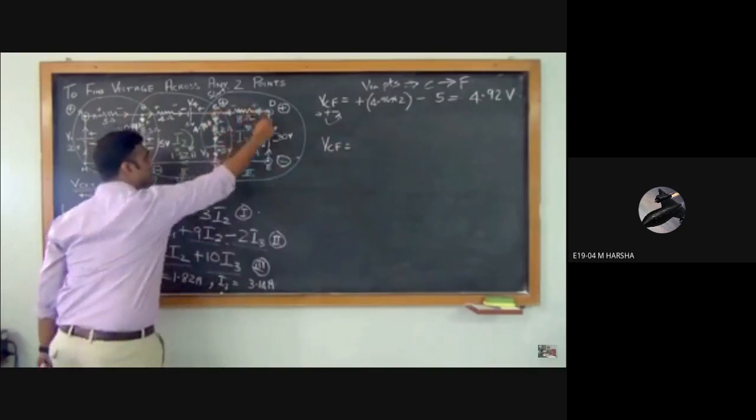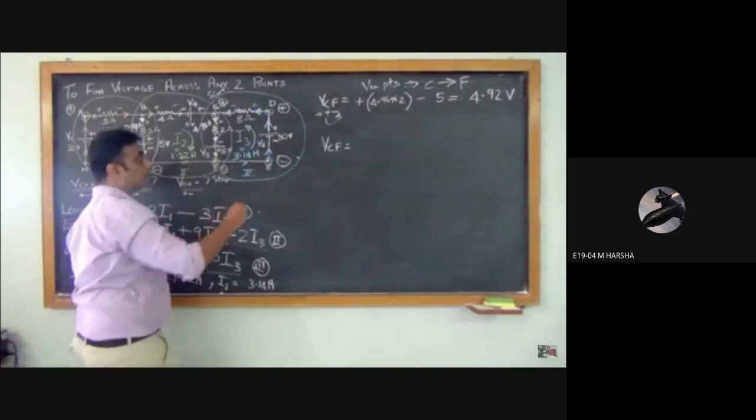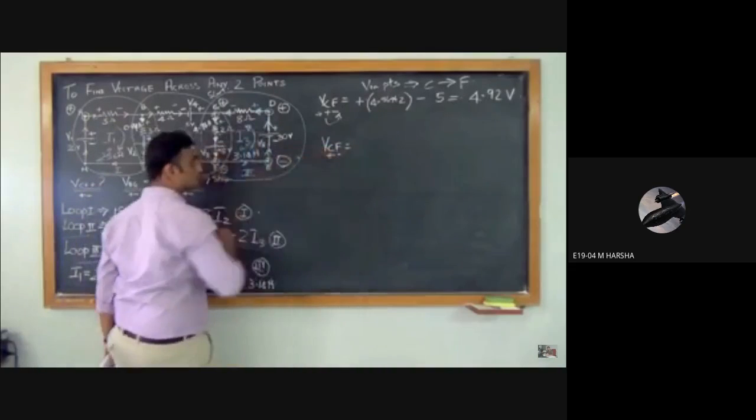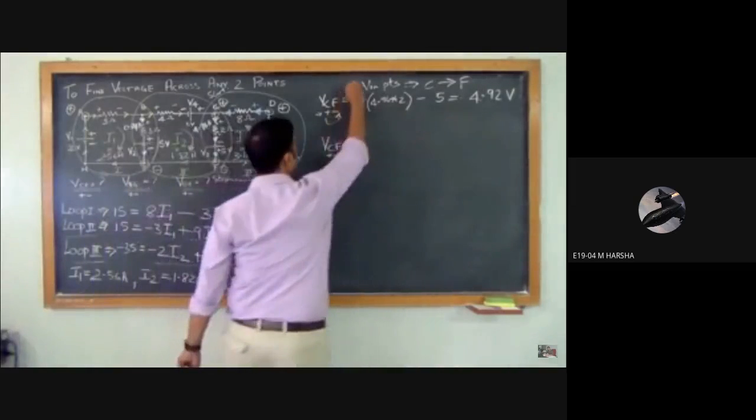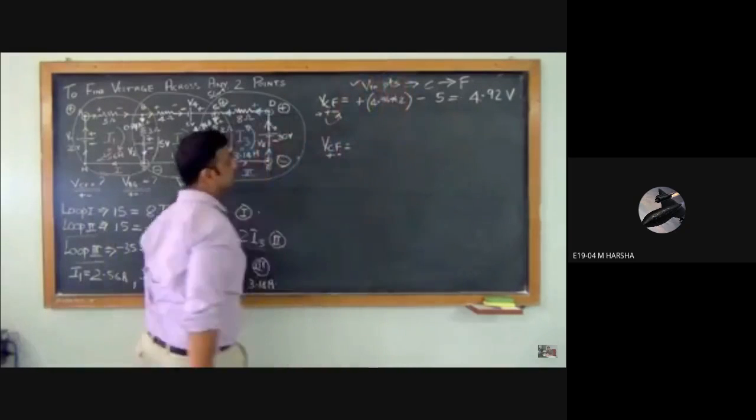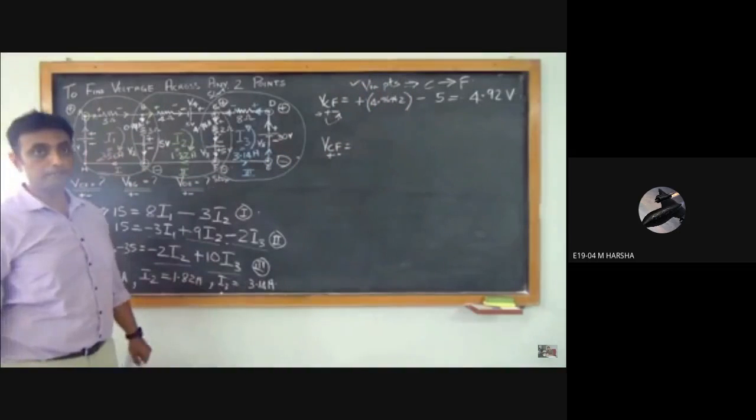Or we go for the second loop. Now, when we go for the second loop, we should also get the same value. So, for the first, we went via points C to F, wherein we got the value.